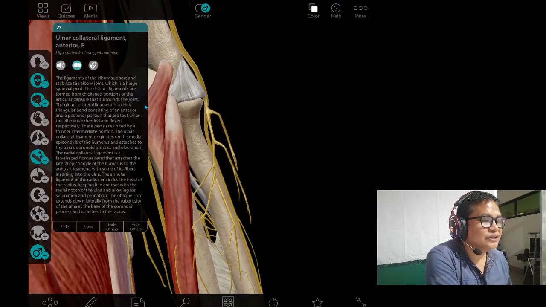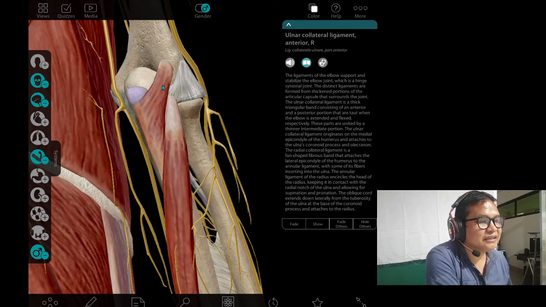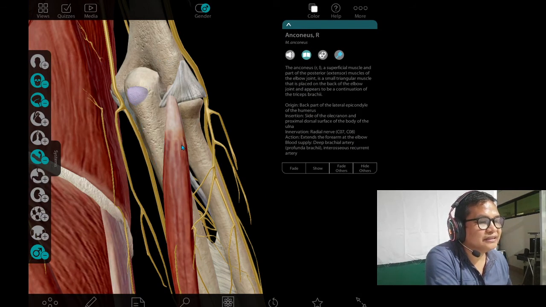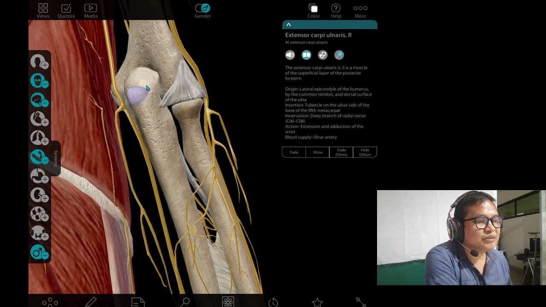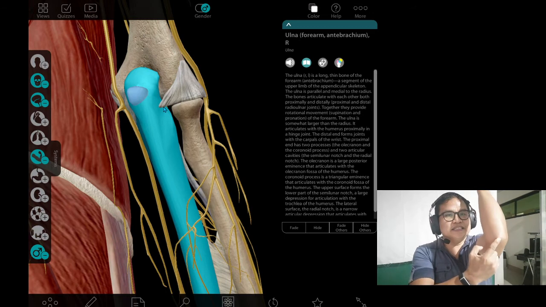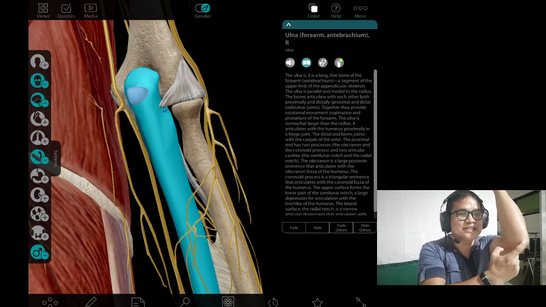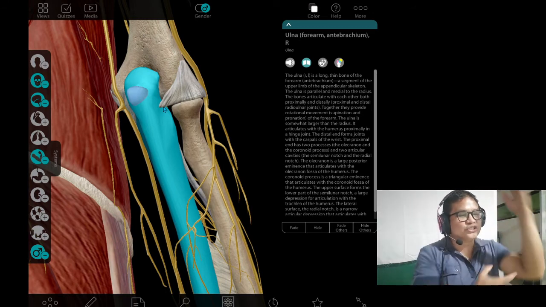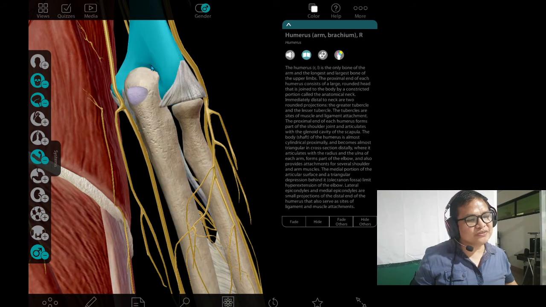Then there is the back. We have the most prominent part here of the ulna. This is the olecranon process, which goes into the olecranon fossa.